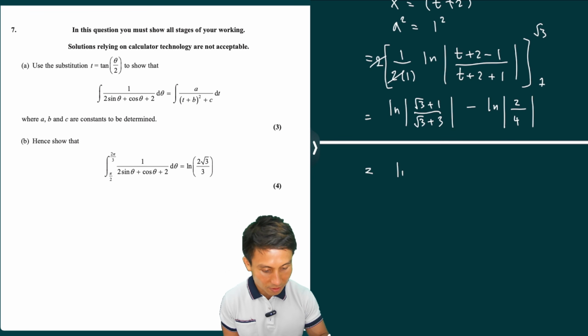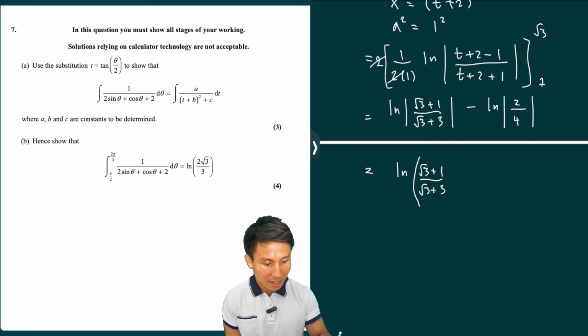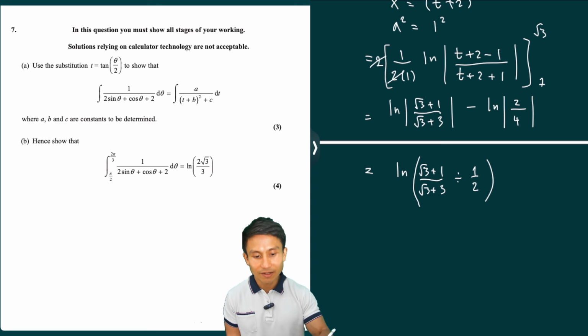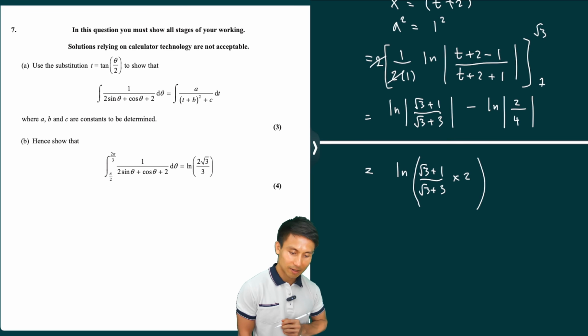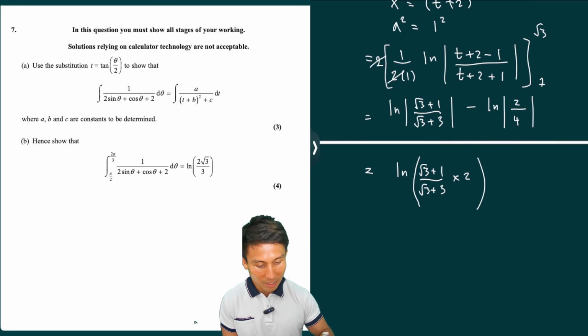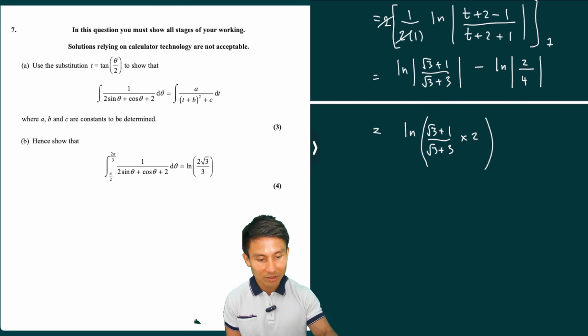I'm just going to simplify. And because this is a minus, we can put a divide here. 2 over 4 is 1 over 2. Because that's a division of a fraction, we can flip it and say this is 2.